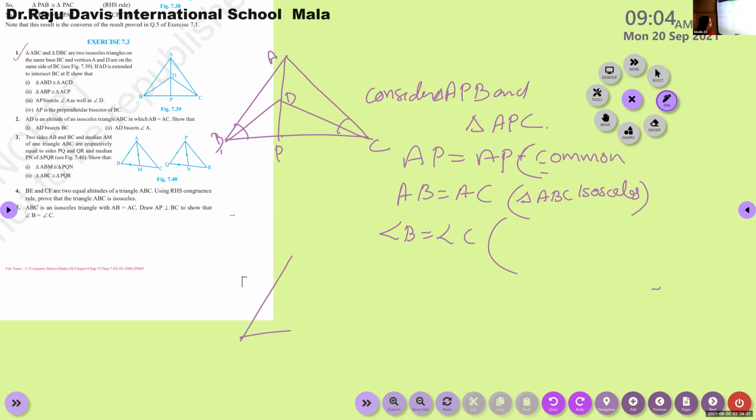See children, if you have not studied daily portions, you can't get this. ABC is an isosceles triangle, given that AB equal to AC, then why are angle B and angle C equal? No reason? Krishnaveni, how can we say angle B and angle C are equal?